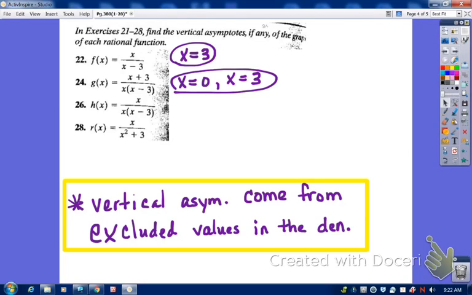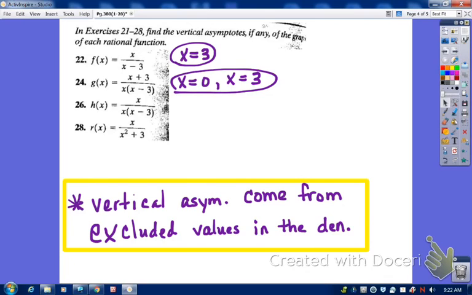Alright, so 26 looks almost exactly like 24. Who can see the difference? There's no plus 3. Okay, that's true. Anybody else see something that's going to happen in 26 because there's not a plus 3, Mary Frances?